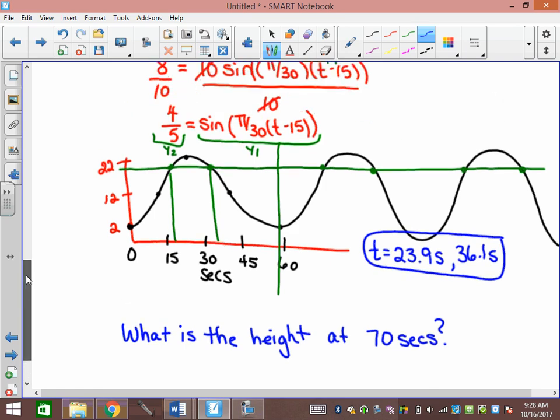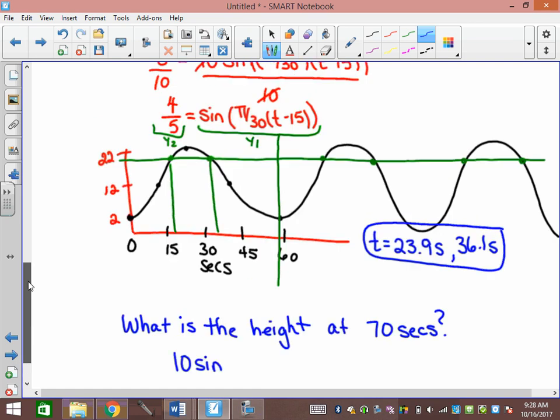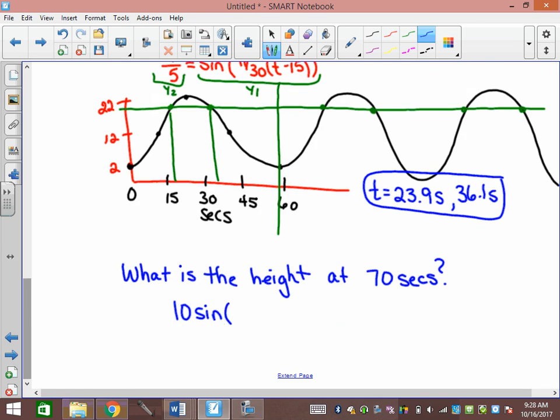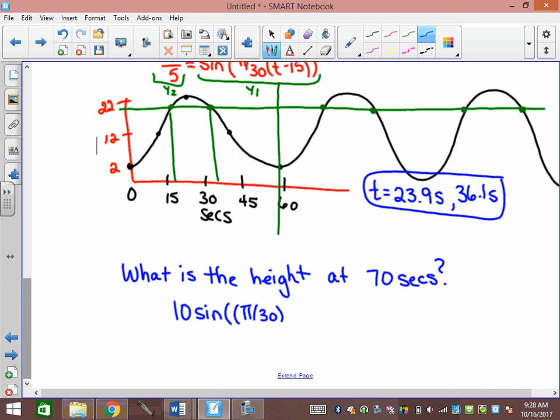So you'd go 10 sine, just in your main screen, 10 sine pi divided by 30, 70 minus 15. You could reduce that, but you can just leave it like that, plus 12. In your main screen, you just put that in.